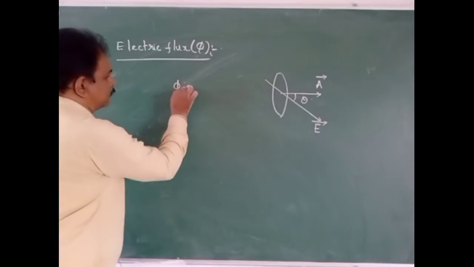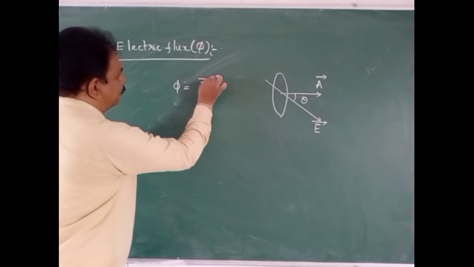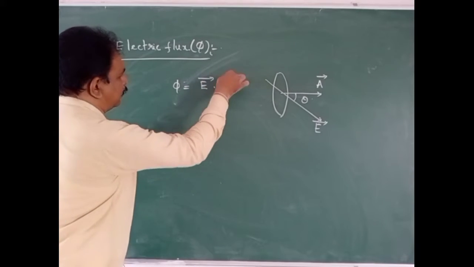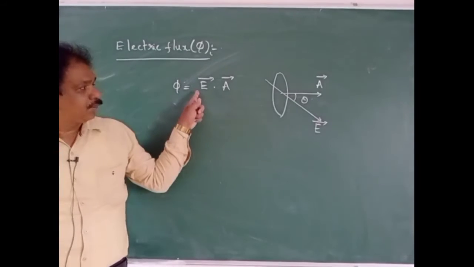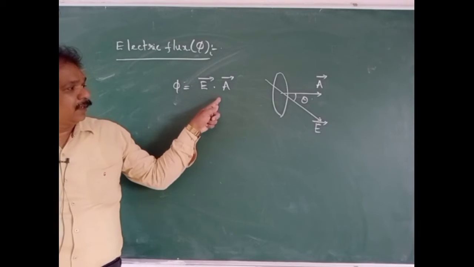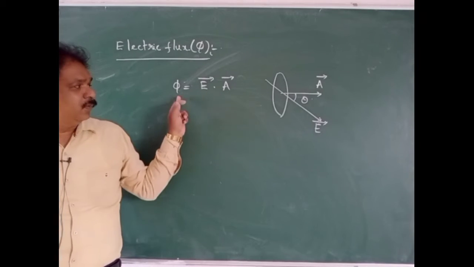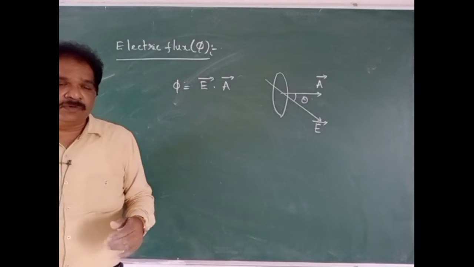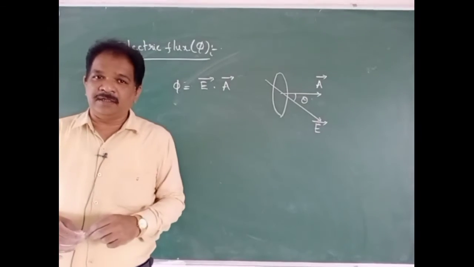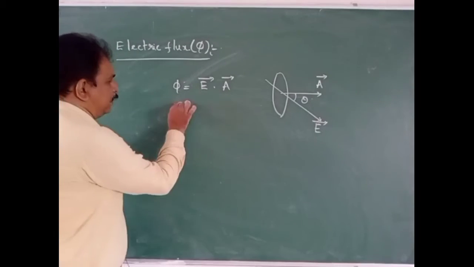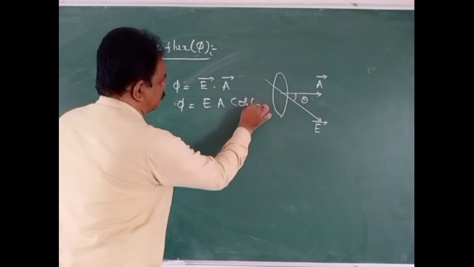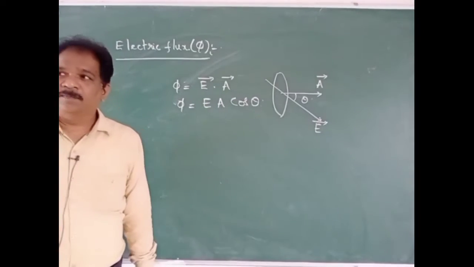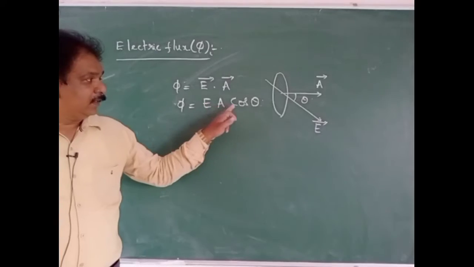Then phi is equal to E bar dot A bar. The point is clear? So, to find the electrical flux, we will use the formula phi is equal to E bar dot A bar, so phi is equal to EA cos theta.